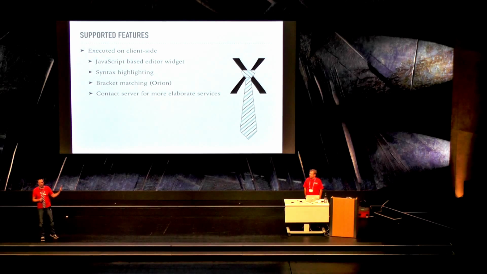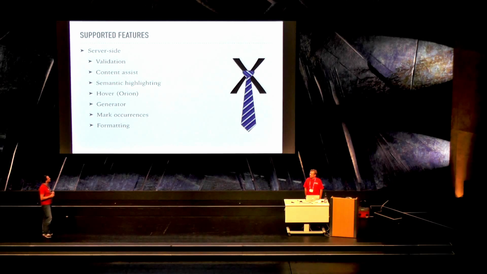That's still Java-based because the entire XText code base is based on Java. We don't have any plans to rewrite that in JavaScript. And on the server side, we offer a couple of services from validation, content assist to others like hover generator, and you've seen a lot of these. And most of them can be configured by single sourcing. So you can reuse the same implementation for Eclipse and IDEA, which is pretty cool.